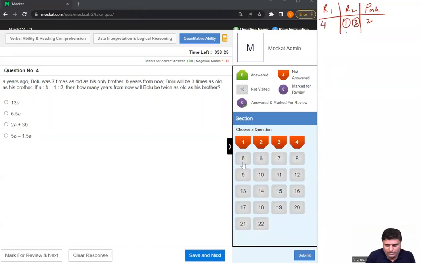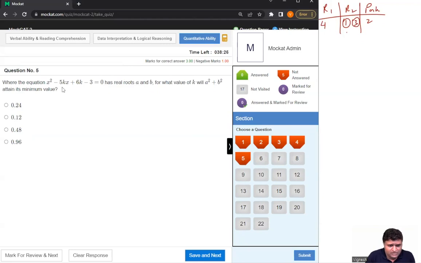And then 5, x square minus 5kx plus there's k as well over here as real roots a and b. For what value of k will a square plus b square attain its minimum? A square and b square. A and b are what? Real roots. So real means what should we consider?